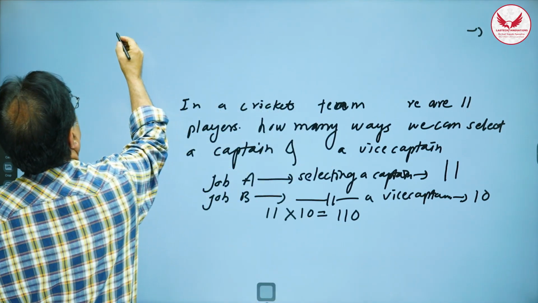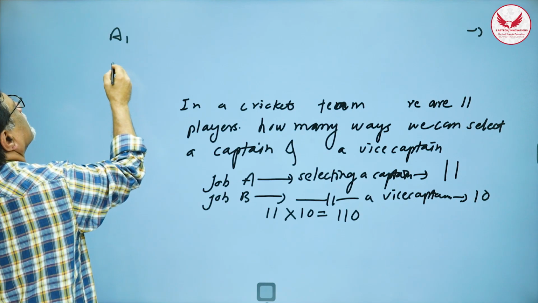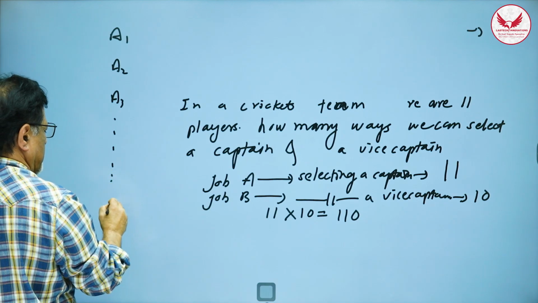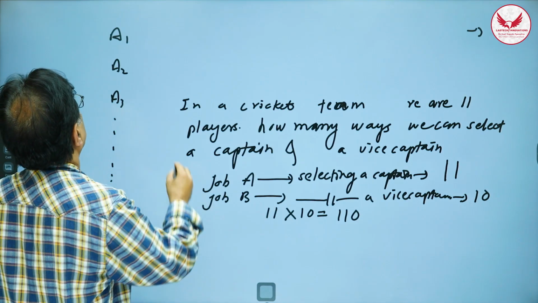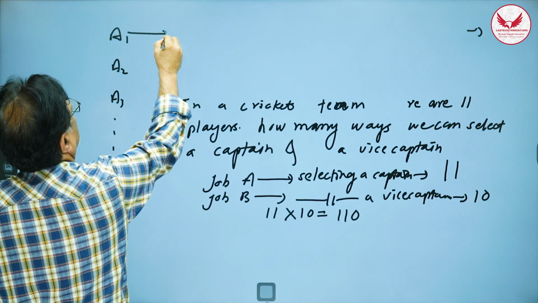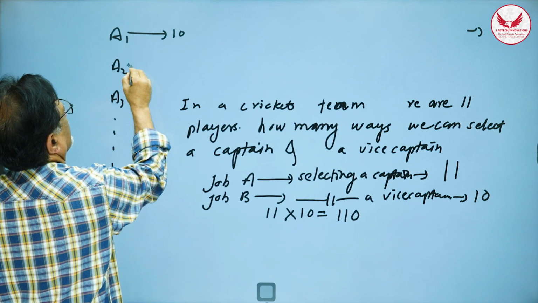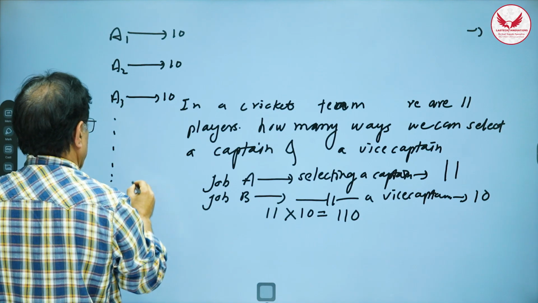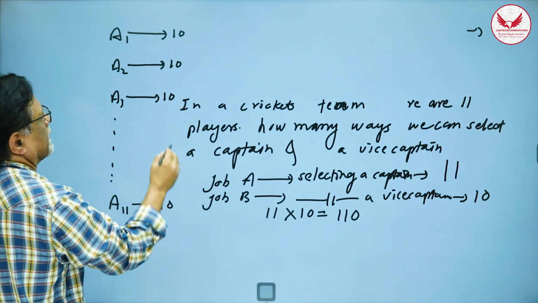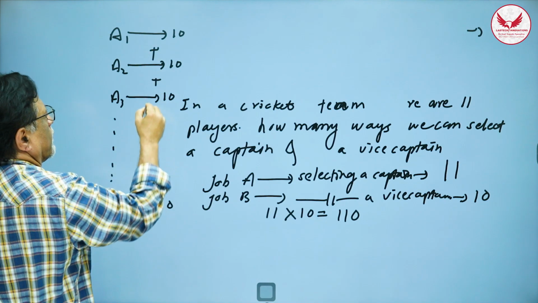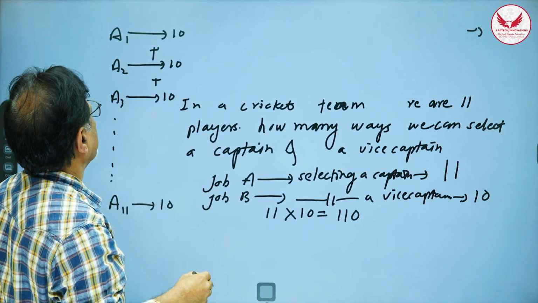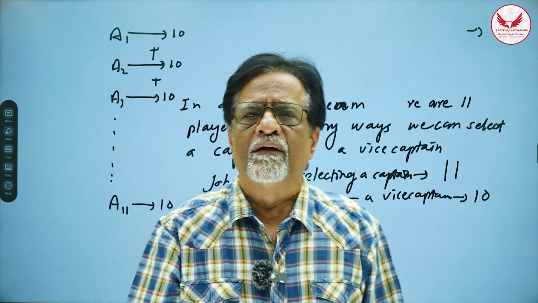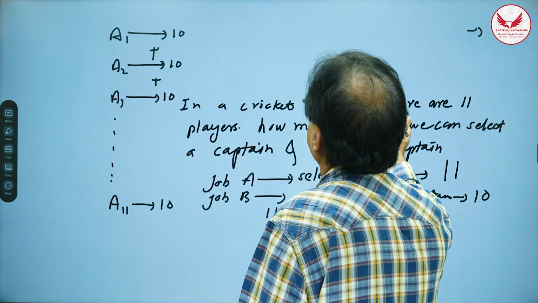With A1 as captain, there are 10 vice captains; with A2, 10 vice captains; with A3, 10; with A11, also 10. If you add all of them, you will be adding 10, 11 times. That is as good as multiplying 11 by 10, right? So that is how this job can be completed.